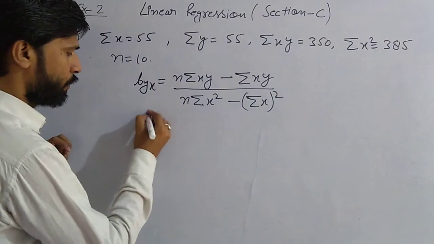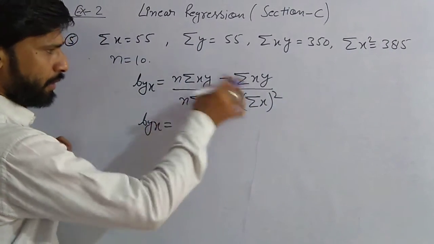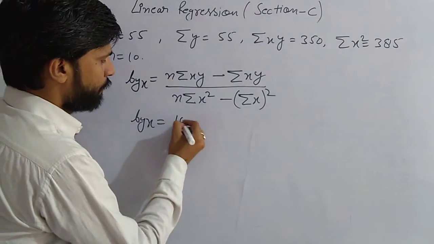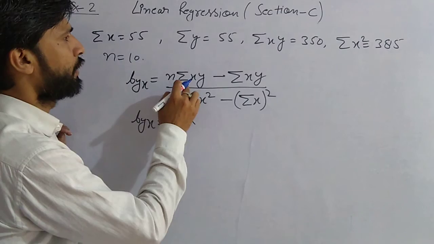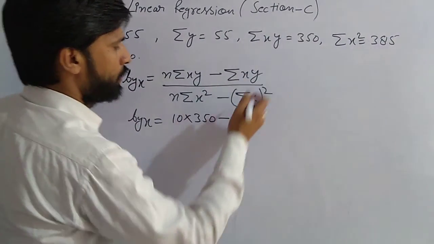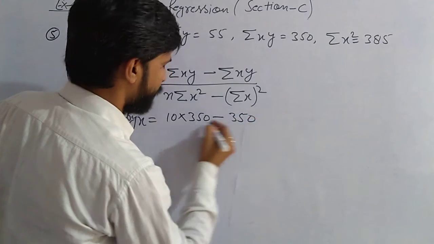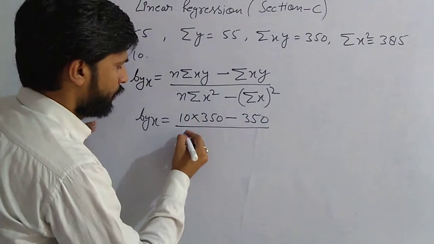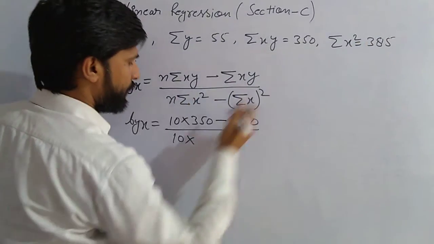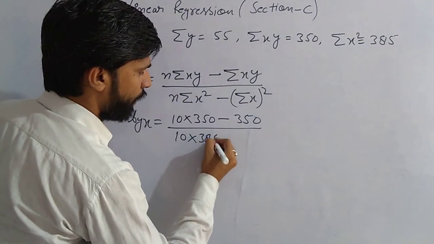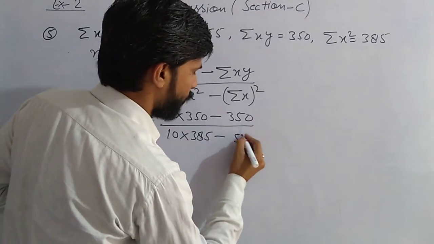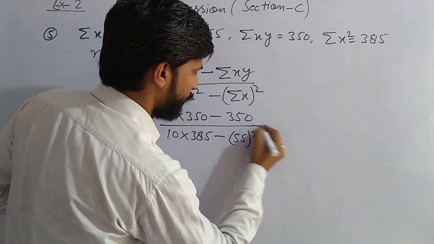Now putting the values of all these terms, the value of n is 10 and sigma xy is 350, minus 55 times 55 upon n is 10, sigma x square is 385, minus sigma x whole square, means whole square of 55.